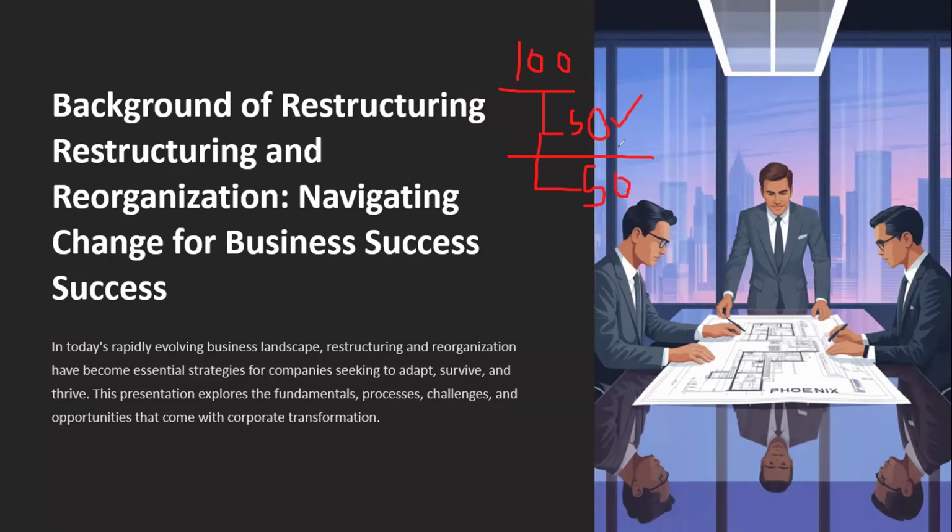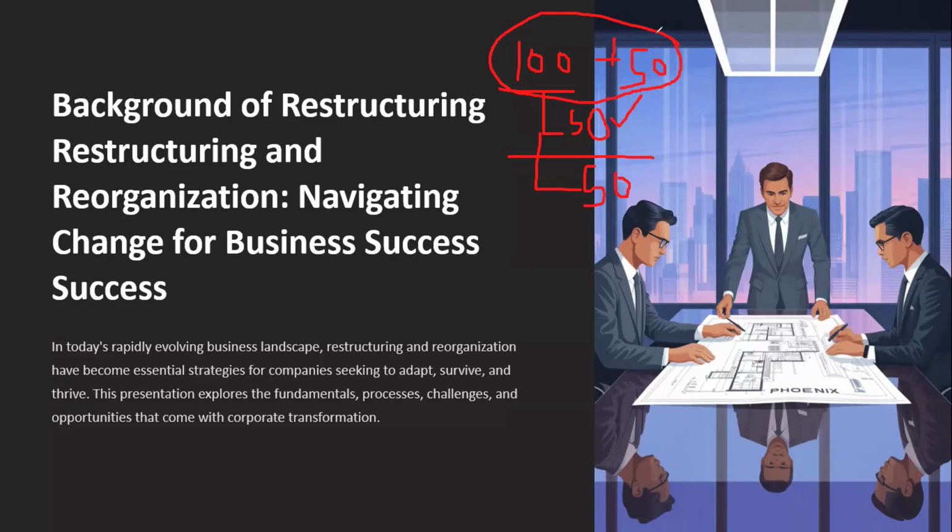Now, sorry, earlier my capital was 100. When I issue bonus shares of 50, my value of firm will be 150, because earlier 100 shares plus new 50 shares, my value will become 150.